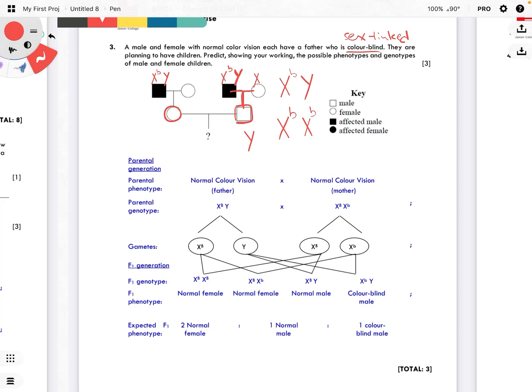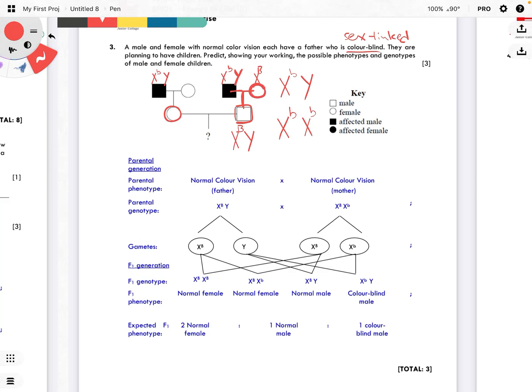The X chromosome that's inherited will have to be a dominant allele because the individual is not colorblind. So it doesn't quite matter whether we know or not whether the mom is a heterozygote or homozygote for the normal vision. What about the female?